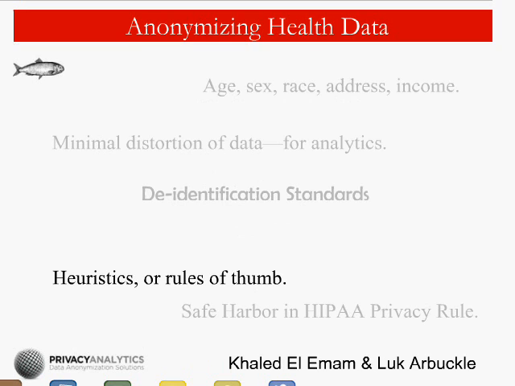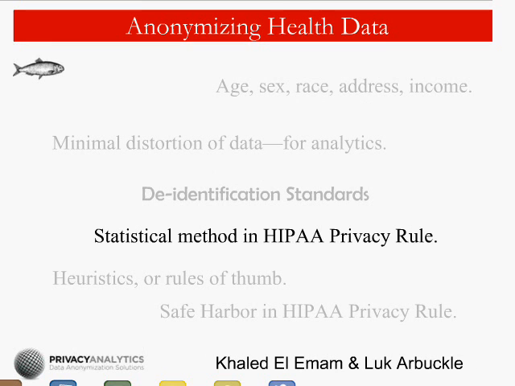And then there's the statistical method that's also described in HIPAA under the HIPAA privacy rule, and this is the one we're really going to focus on and describe because it allows us to take into account the context of the data release. So heuristics in the safe harbor don't take into account the context.